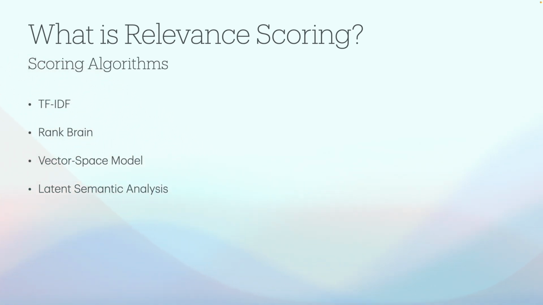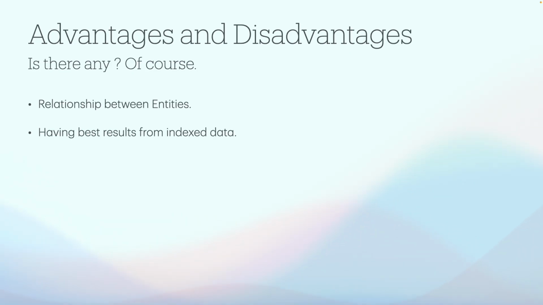There are important things that we are going to talk about. What are the advantages and the disadvantages of Elasticsearch? Maybe you can consider it is fast and gives the best result. So what is the disadvantage actually? Is there any? Yeah, of course, there are some disadvantages.